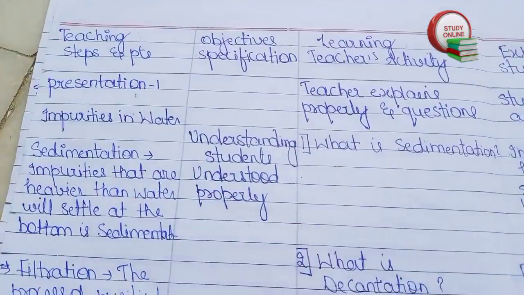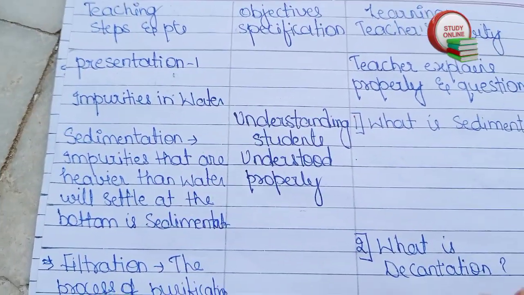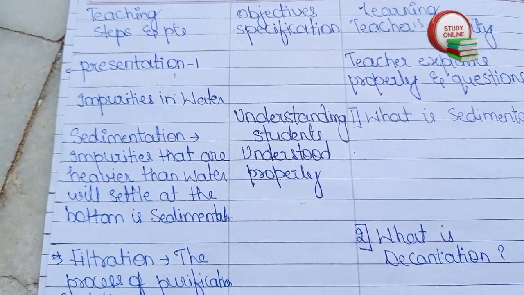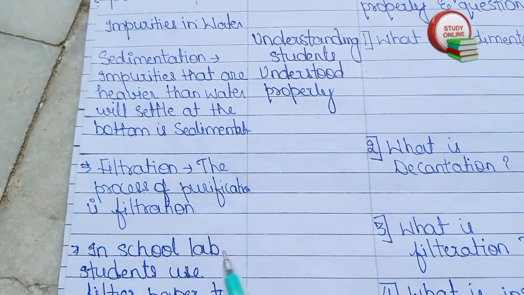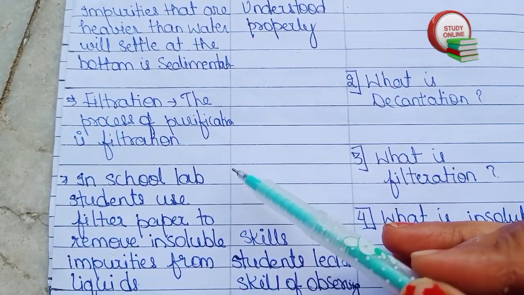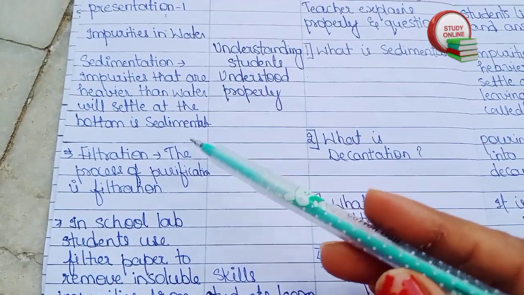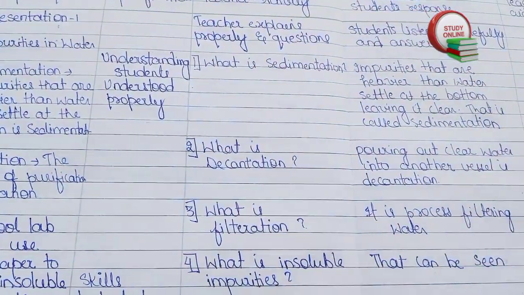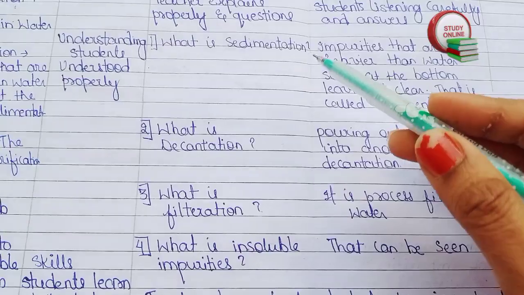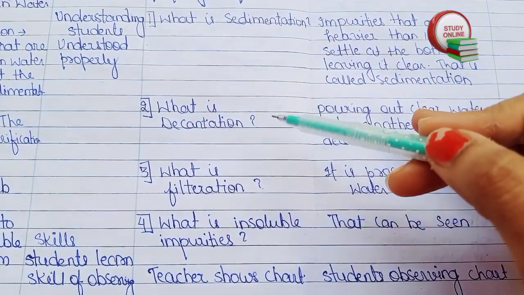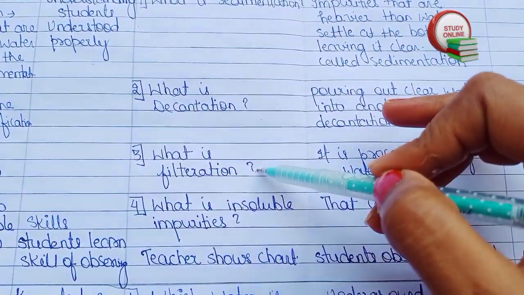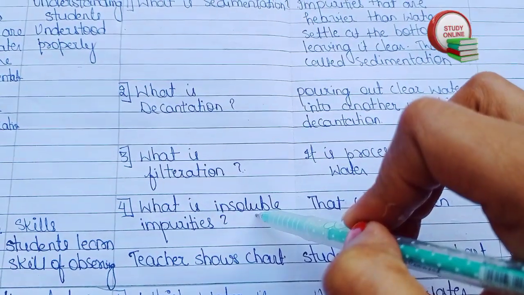Let's see presentation part 1. So in presentation, you can see here, impurities in water, we have to explain sedimentation and filtration, and I have forgotten to draw the diagram. So you can draw a diagram of this. I have drawn it in the blackboard work, but here I have not added it. Here you can see a list of questions that the teacher has to ask students.